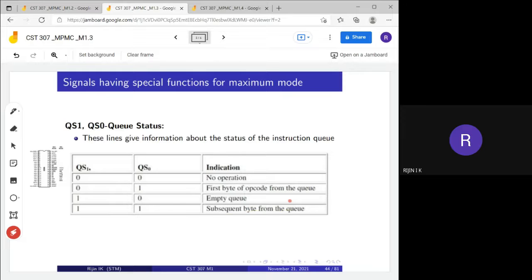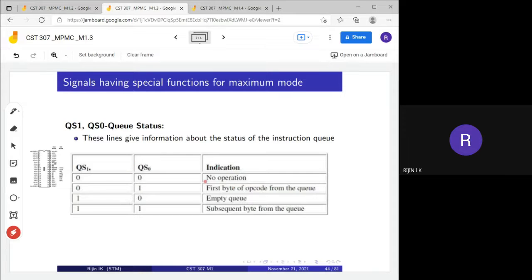So these are the status informations available on the Q status lines QS1 and QS0, which show the status of the instruction queue in the 8086.